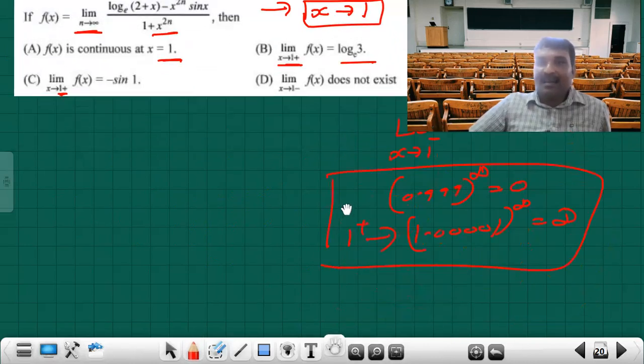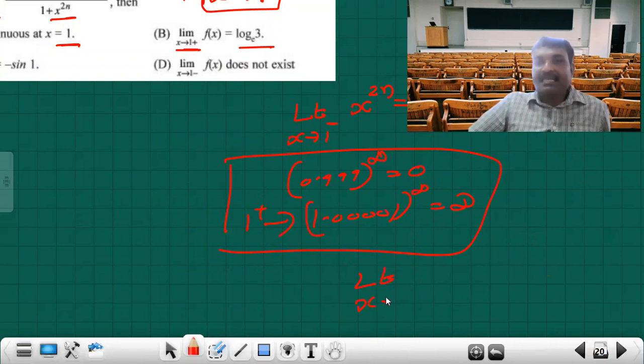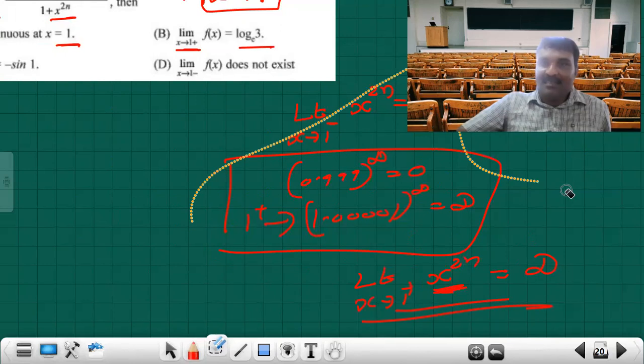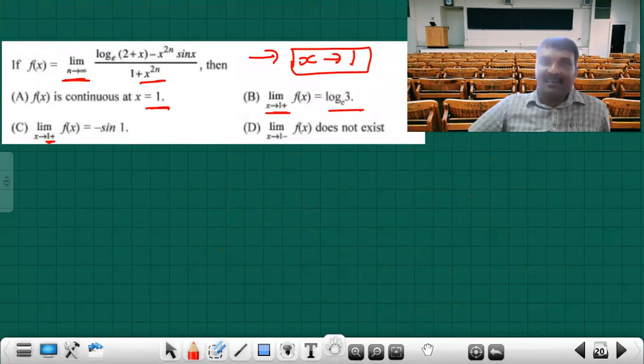Similarly, limit x tends to 1 plus x raised to 2n is infinity. I wrote this limit because x raised to 2n is coming in the function. Okay, so this concept we are going to apply here.